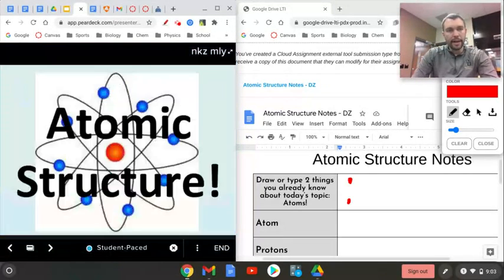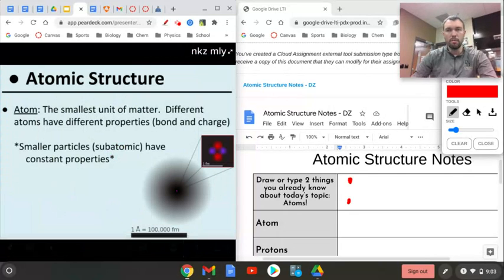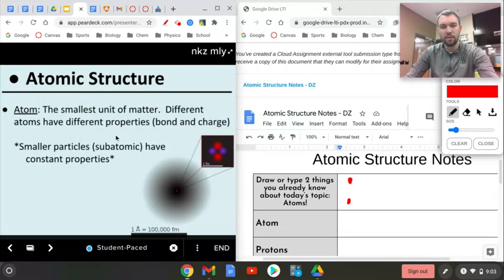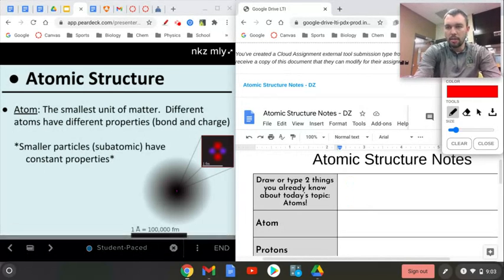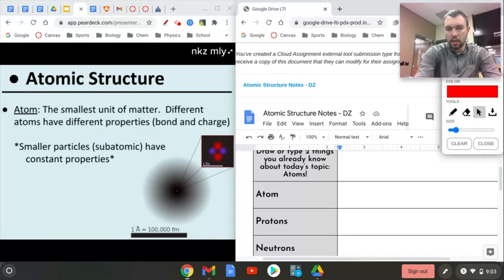Okay, once you do that, we're going to go through some atomic structure, which is how the atom is built, the structure of the atom. First, the atom is the smallest unit of matter. I'm going to take notes with you here.